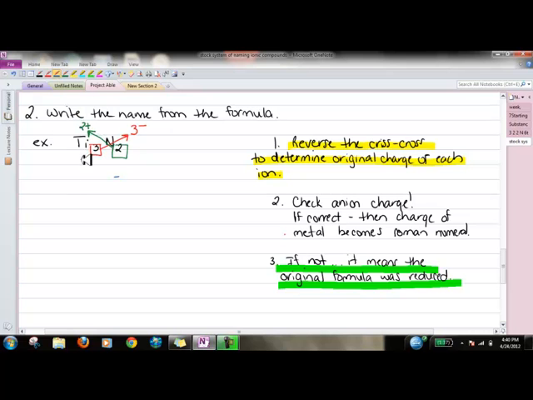So Ti would have started with the 2+, N would have started with the 3-. So writing the name now, we use this for our Roman numeral. So the answer is titanium (II) nitride.